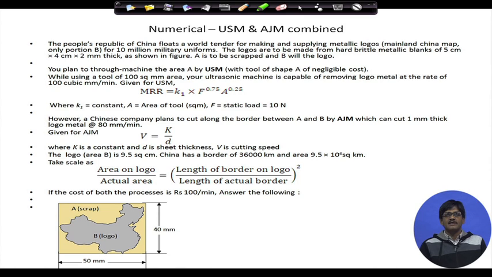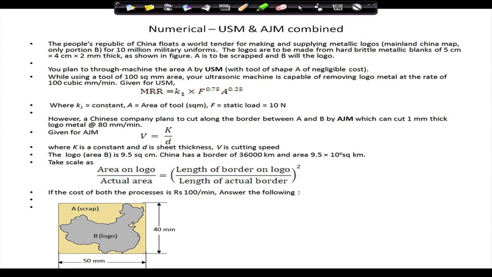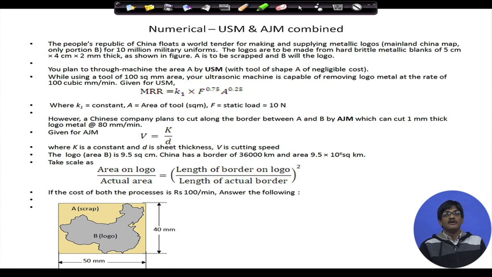So, the Chinese company plans to cut along the border between A and B by abrasive jet machining, which can cut 1 millimeter thick logo metal at the speed of 80 millimeters per minute.